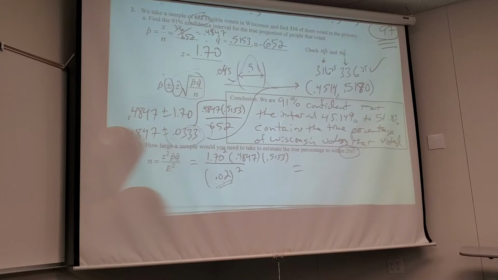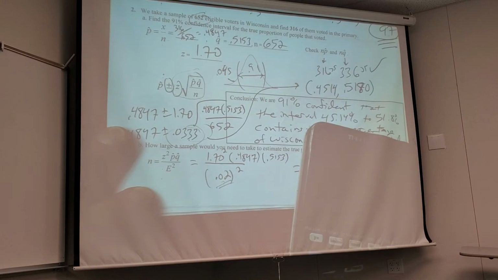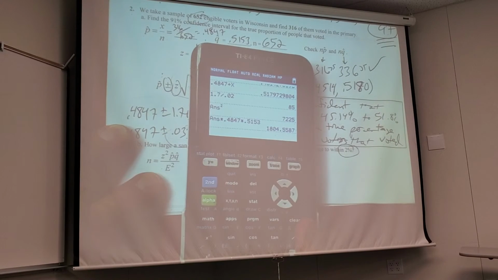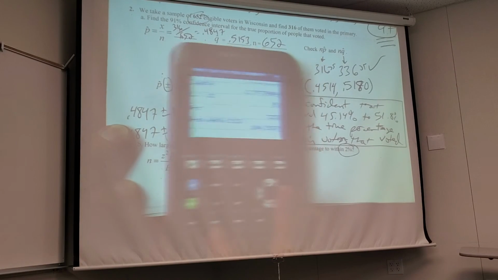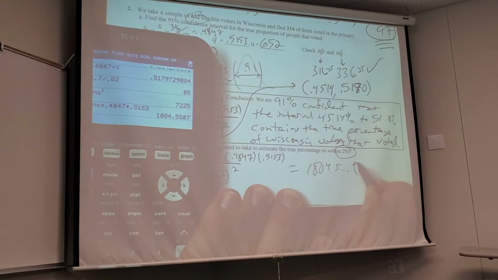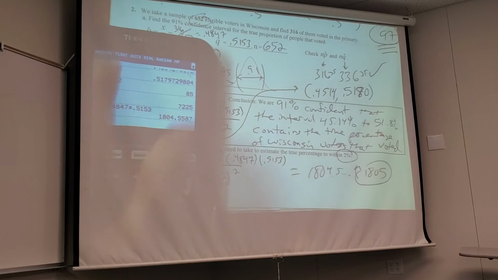And let's see, what do we get for there? 1.7 divided by 0.02 squared times 0.4847 times 0.5153. I get 1804 point something, so it's 1805.